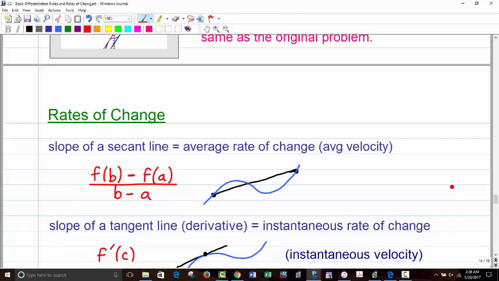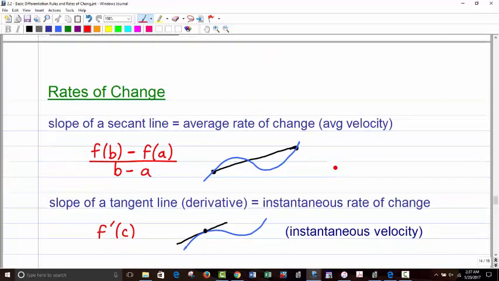You could then calculate what your average rate would have been from hour 1 to hour 5. You would just take the 320 minus the 60, divided by 5 minus 1. That would let you know what you averaged through that time period. So that's what average rate of change is. Basically the slope of a secant line over a certain period of time.